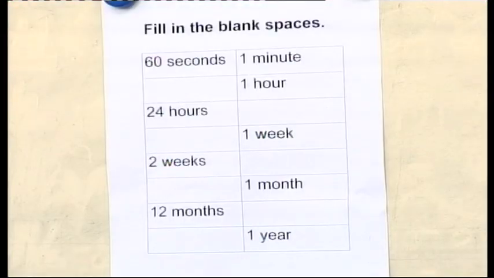I understand you have gone through this with the previous teacher in your last lesson. So it's just a recapping activity before we move on to our lesson topic for today. Okay, let's have a look at the chart now. The first one is completed. 60 seconds is equals to 1 minute.